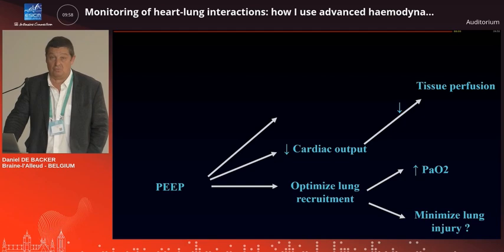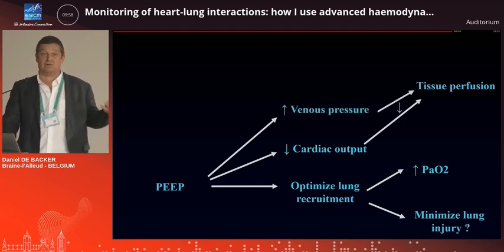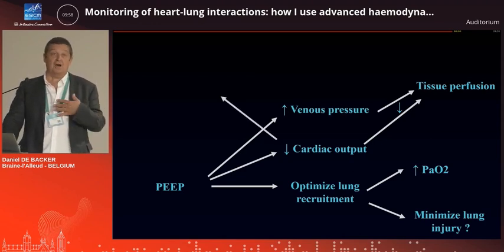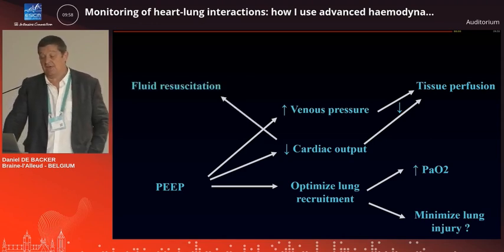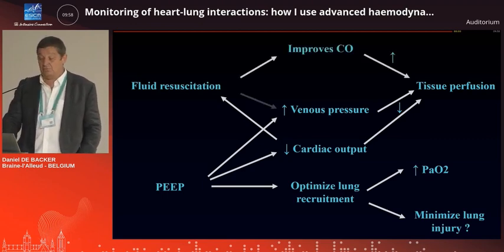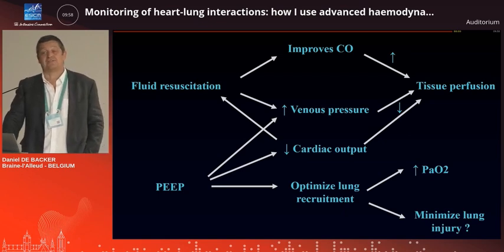And also something not really discussed up to now is the increase in venous pressure, which also decreases tissue perfusion. Sometimes we give volume in these conditions, that's fine. We may help indeed to improve cardiac output, but then we also have some impairment in venous return, and this also that's not always that good.